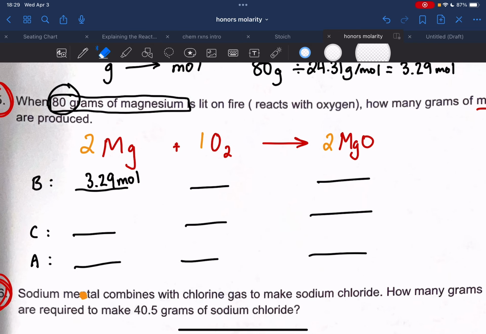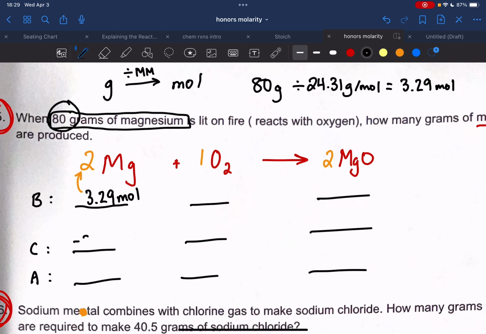All right, so remember, our next step when we have a BCA table like this is we're going to take the number of moles that I'm reacting, right? I'm going to use all 3.29 moles of my magnesium. In order to do that, how many times do I have to do this reaction? Well, when I do the reaction once, I use up 2 moles of magnesium.